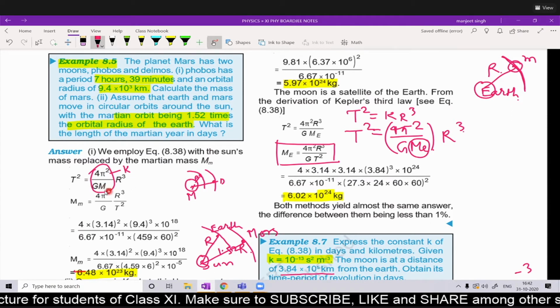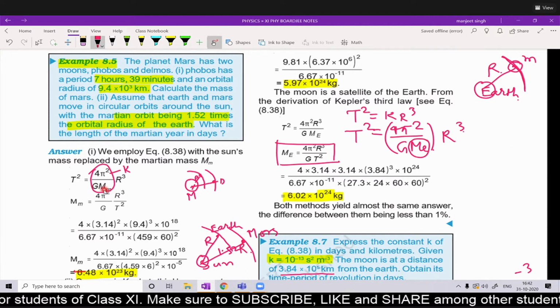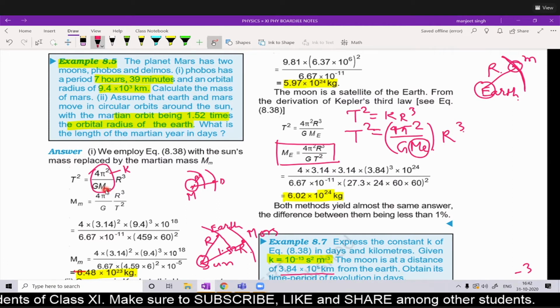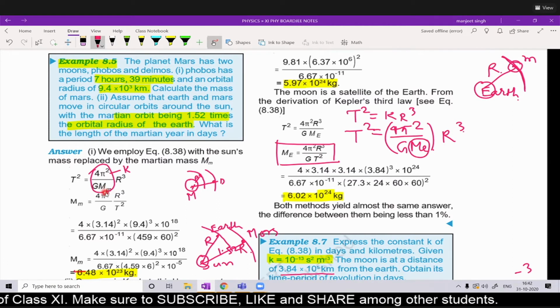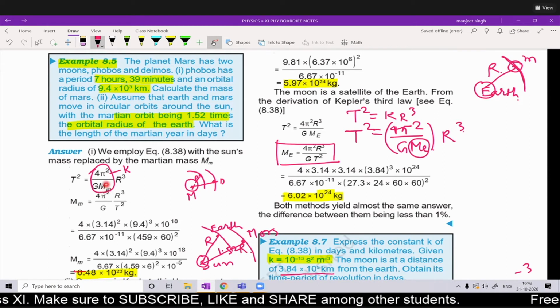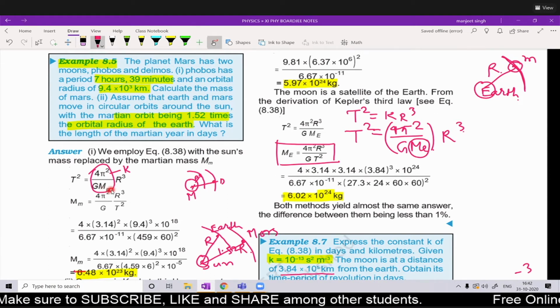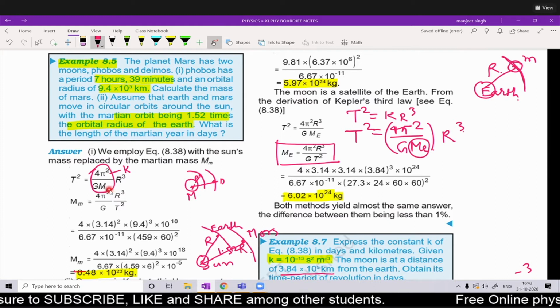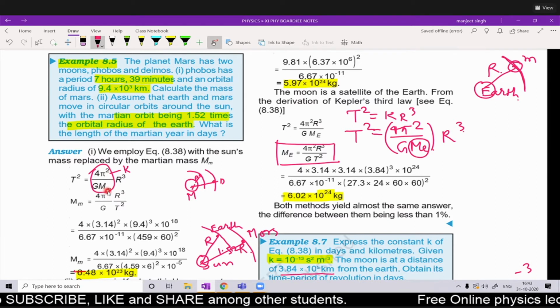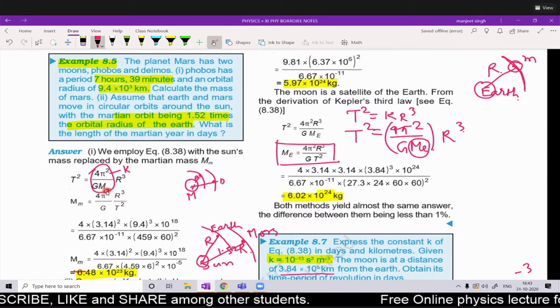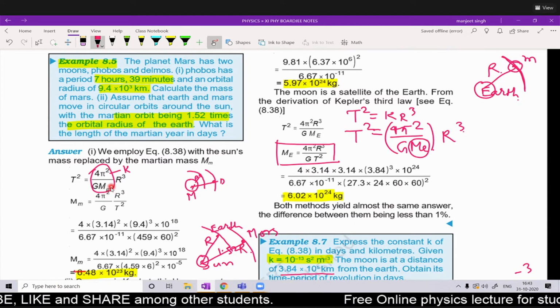What is Mm here? The mass of Mars, around which its moon moves. So here it comes, the mass of Mars, 4 pi square upon G Mm. In the case of Earth, the satellite of Earth, the Moon, it will be 4 pi square upon G Me.